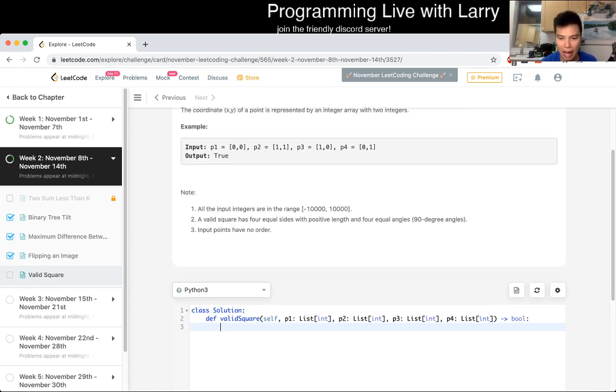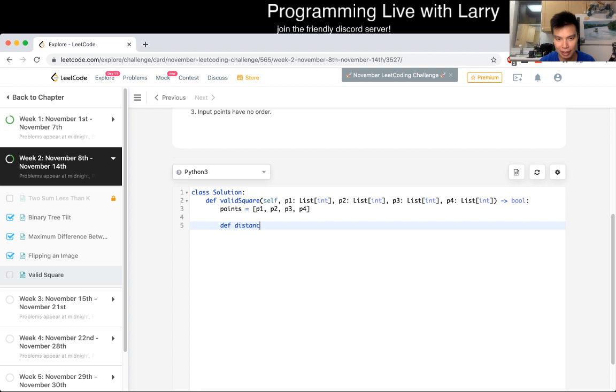So what I would have is something like points is equal to p1, p2, p3, p4, and then we could have a distance formula for a and b that returns a sub 0 minus b sub 0 squared plus a sub 1 minus b sub 1 squared.